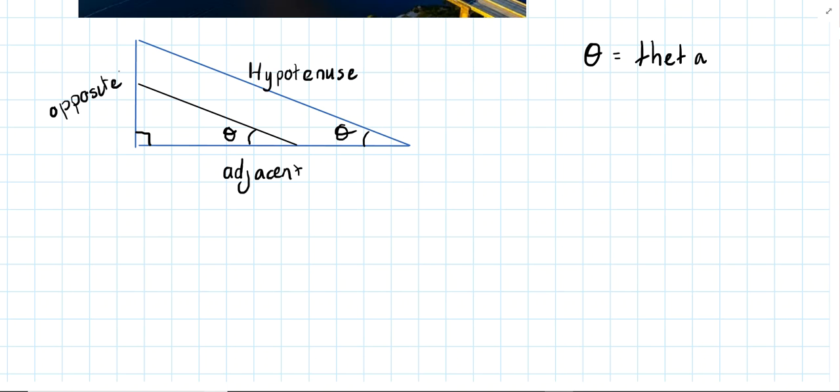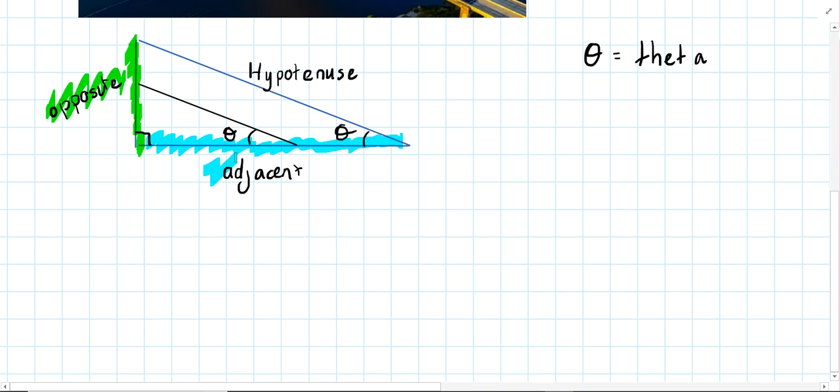The opposite is opposite the angle, it's a side length. The adjacent side of the bigger triangle is the longer way, but it's not always going to be longer.